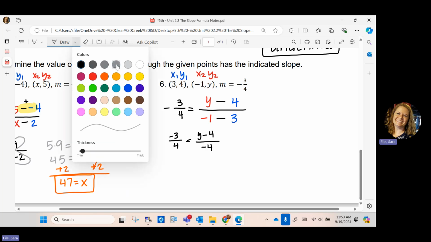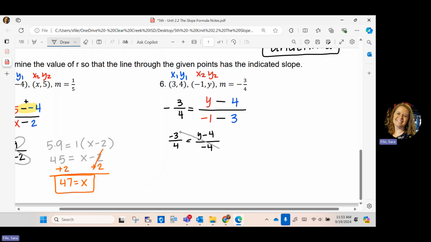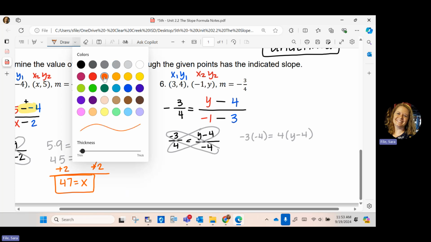Now we're going to cross multiply. So I'm going to do the -3 times -4. And then I'm going to do this 4 times y minus 4. Now this time I have to distribute in the parentheses.